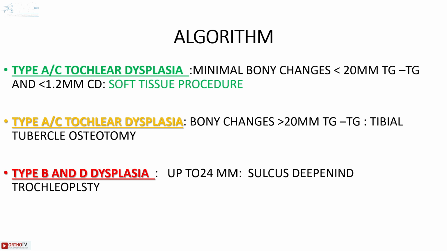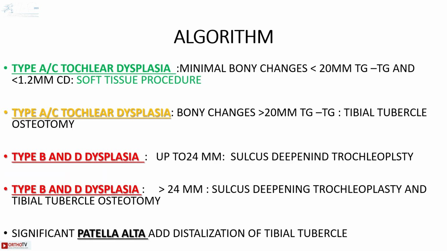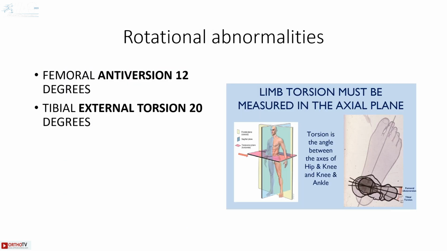Type B and type D dysplasia needs sulcus-deepening trochleoplasty, and type B and D with TTTG more than 20 needs trochleoplasty with TTO. Someone with significant patella alta, more than 1.4, needs distalization of the tibial tubercle.